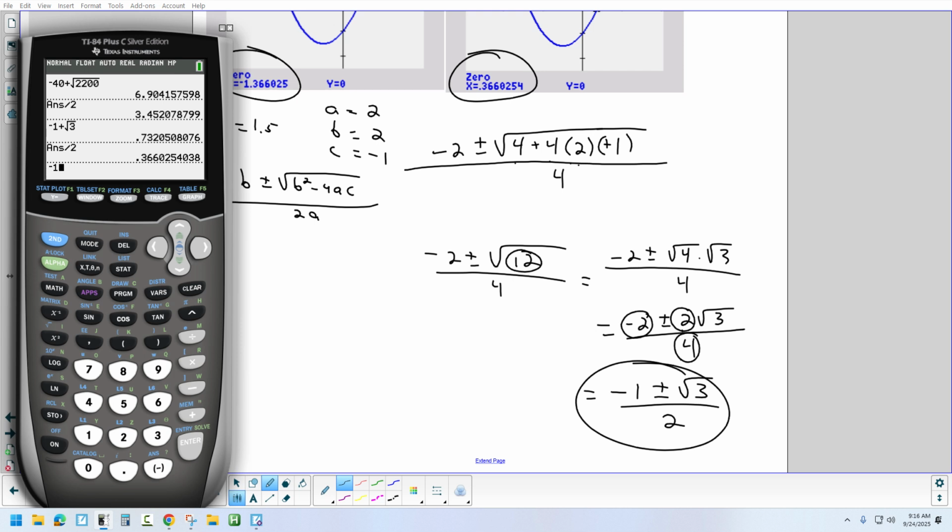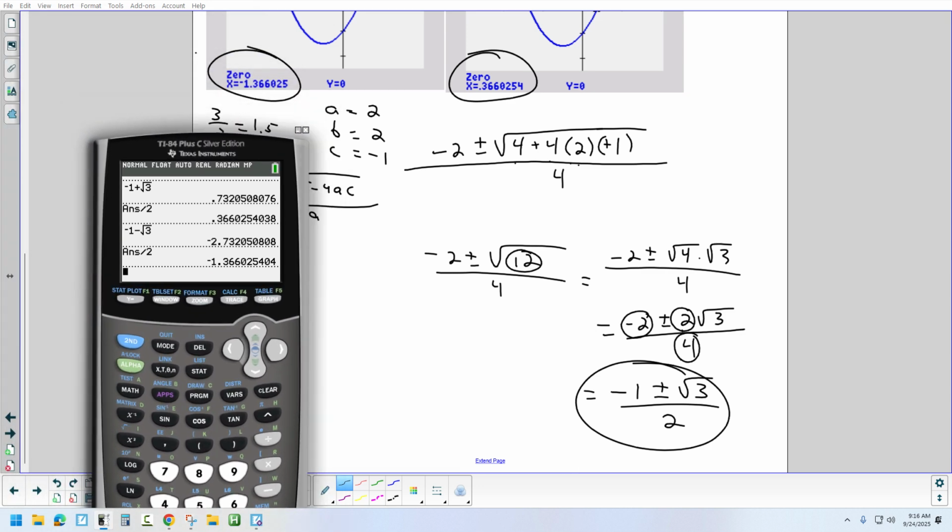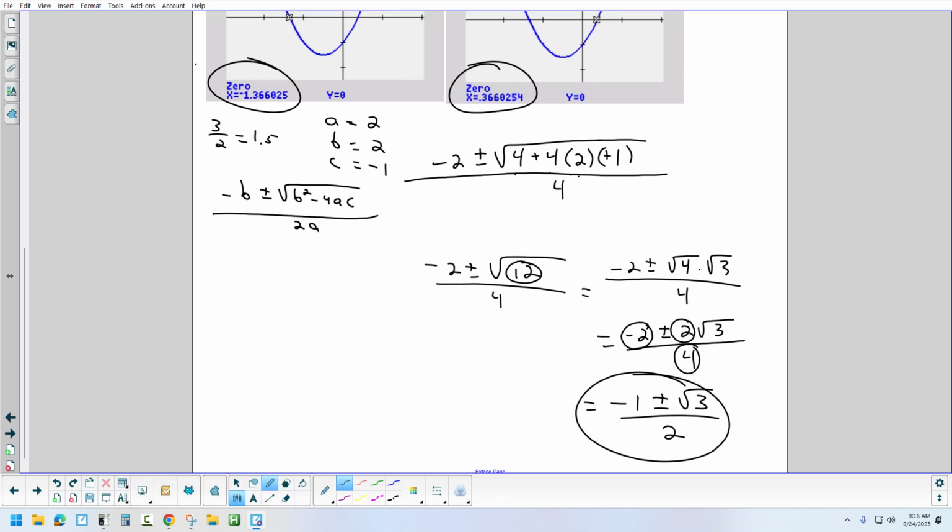And now do negative 1 minus the square root of 3, divided by 2, and we get negative 1.366025 right there. There's your second answer. All right, so the difference between these two is this is an exact answer, that is an approximate answer. So if the directions say exact, you've got to do something like that.